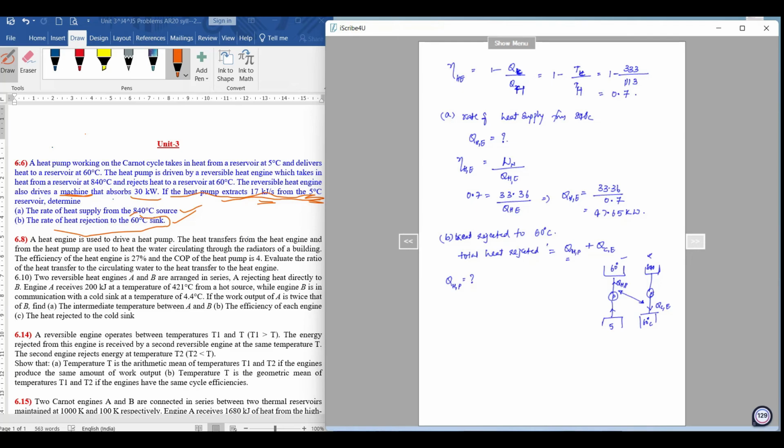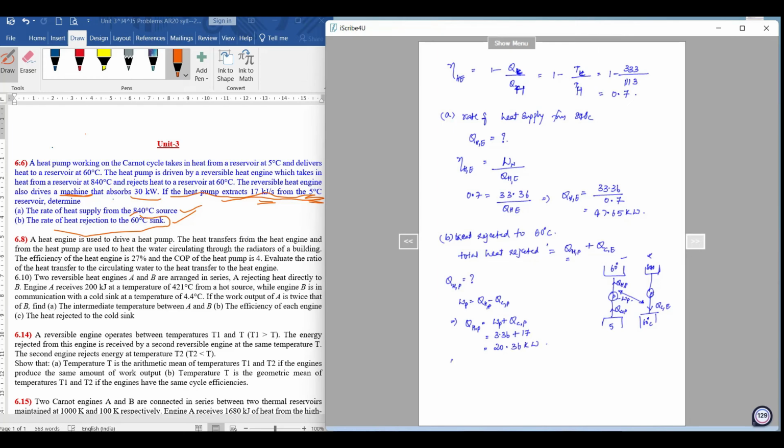We know QC of P, we know WP. So WP equals QH minus QC of the pump. This implies QH of P equals WP plus QC of P. So we got WP as 3.36 kilowatt plus QC given in the problem, 17 kilowatts, which turns out to be 20.36 kilowatt.